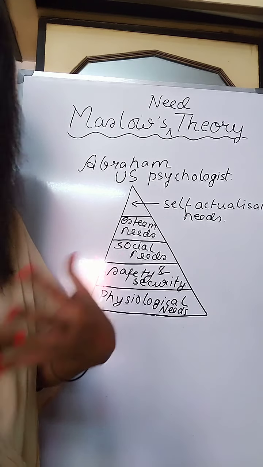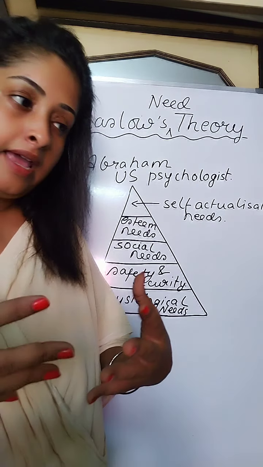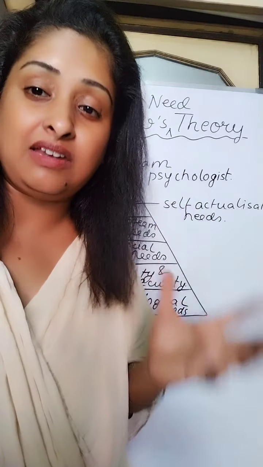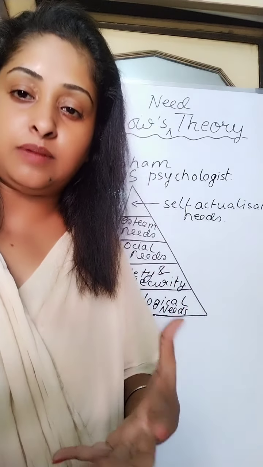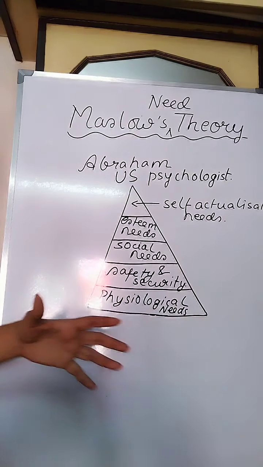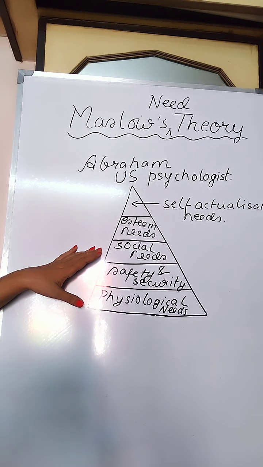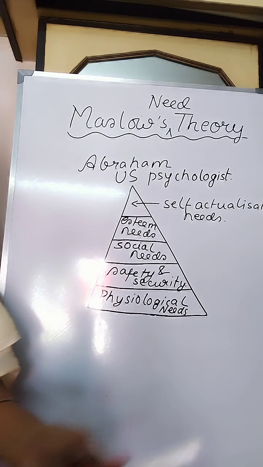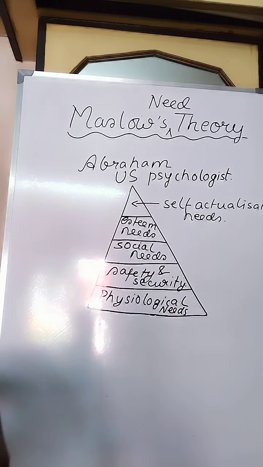Man expects affection and cooperation from his fellow workers. He cannot work alone. He needs an amicable environment to work. He needs cooperation and guidance from his superiors. So satisfying the social needs becomes more important when the security needs are fulfilled.